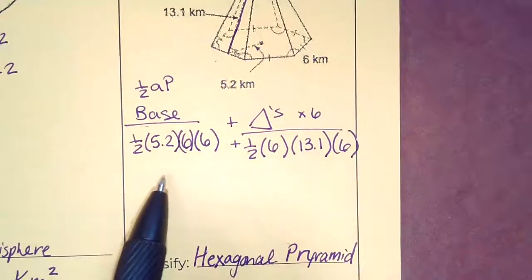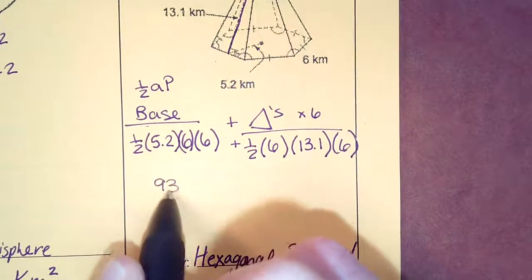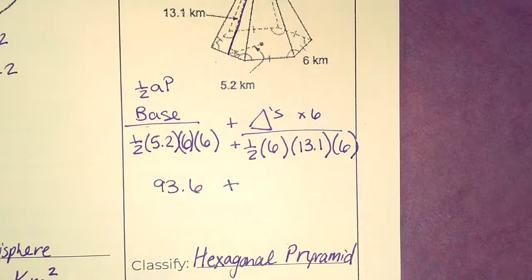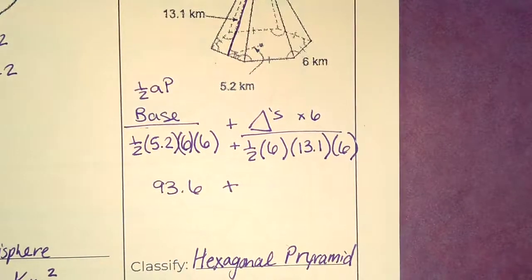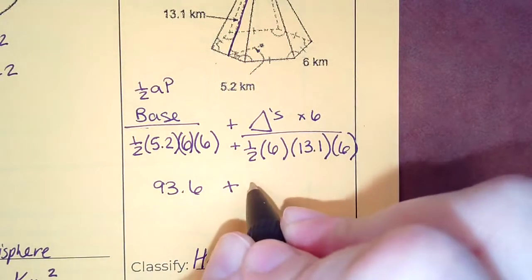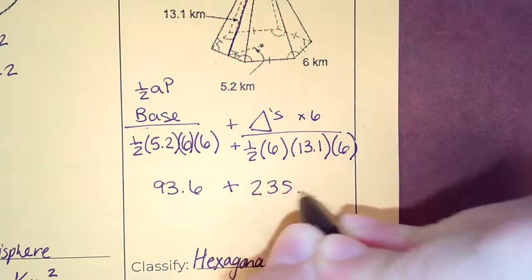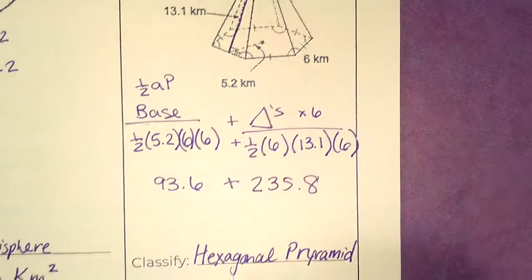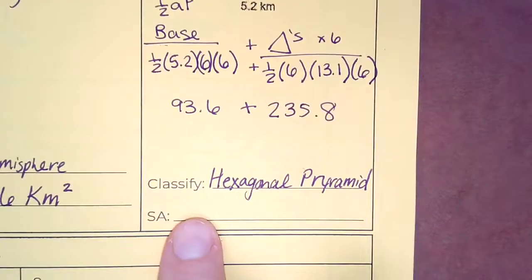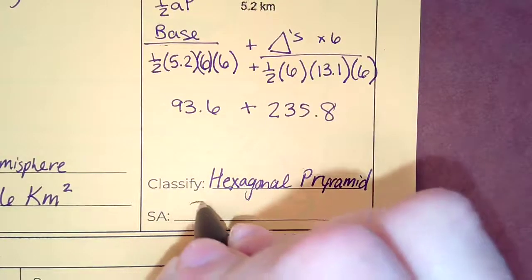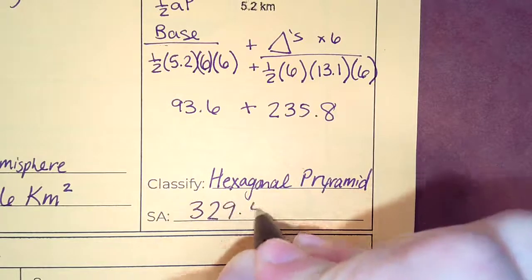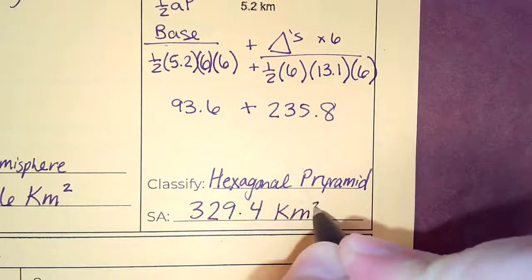So for the bottom, the base, I got 93.6 plus, for all of those triangles, each triangle face, then times 6, 235.8. All of the faces added together, so surface area now, 329.4 kilometers squared.